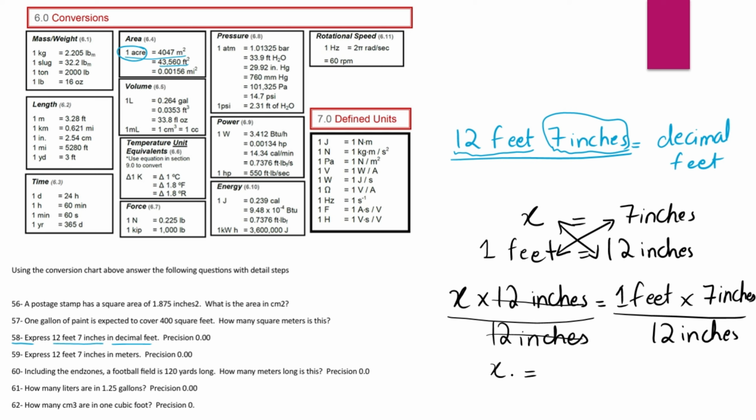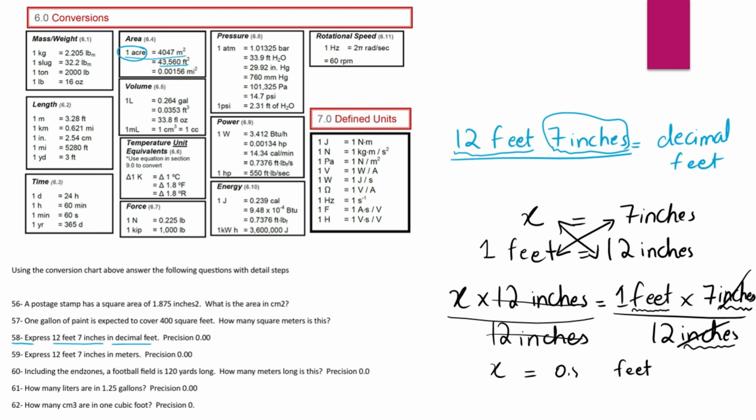On the right hand side we have inches in the numerator and inches in the denominator, so we cancel those inches, and we have just feet left as a unit. The numbers are 7 in the numerator and 12 in the denominator, so just divide 7 by 12. 7 by 12 is 0.583.